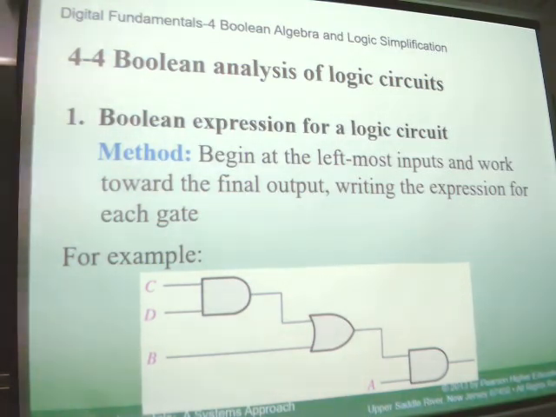Then, Boolean analysis of logic circuits, including getting the Boolean expression of a logic circuit.